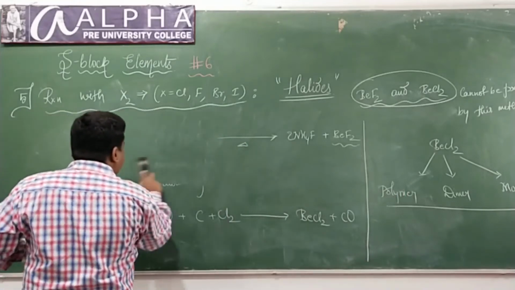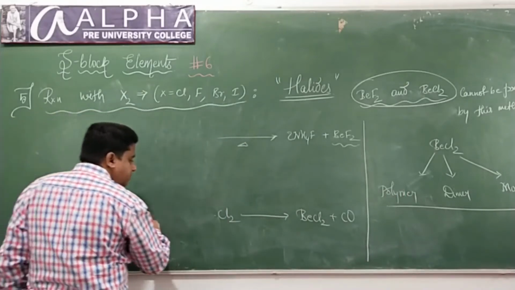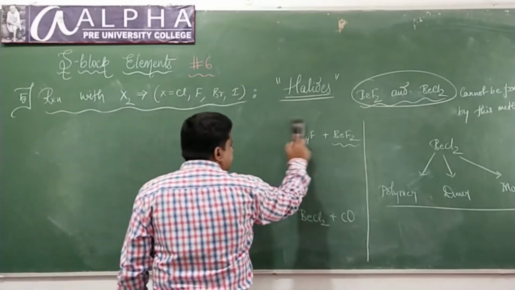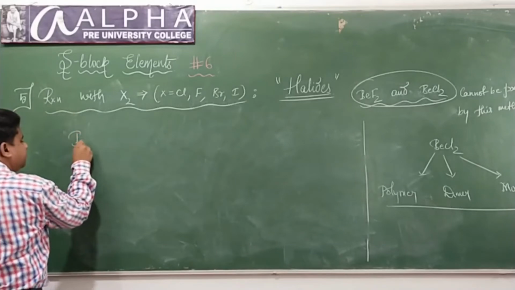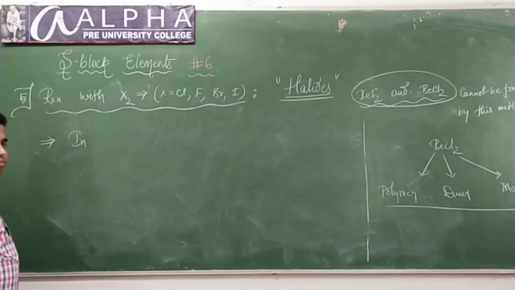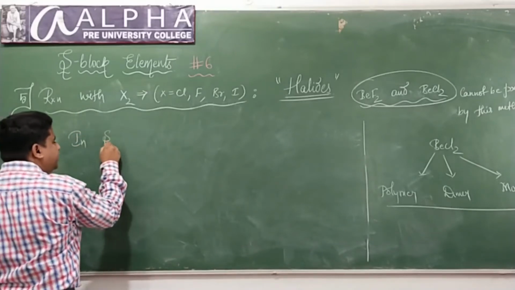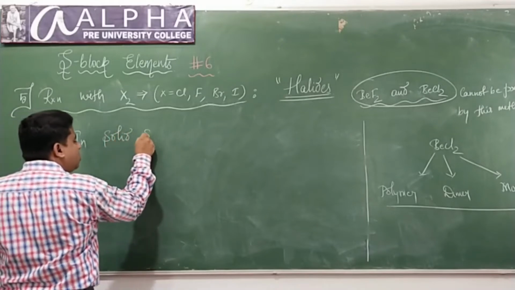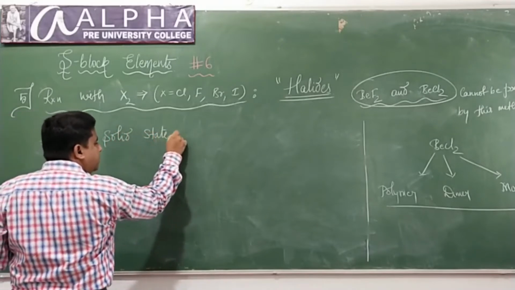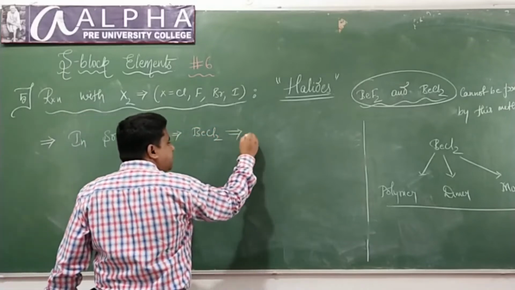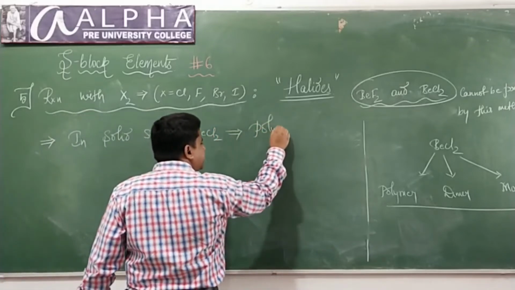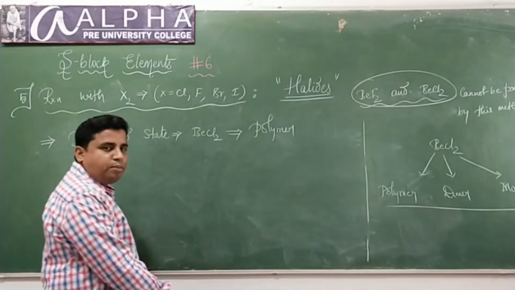See, in solid state, note, all of them are important. In solid state, beryllium chloride exists as a polymer. It exists as a polymer, like this.